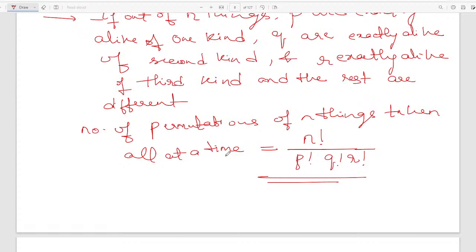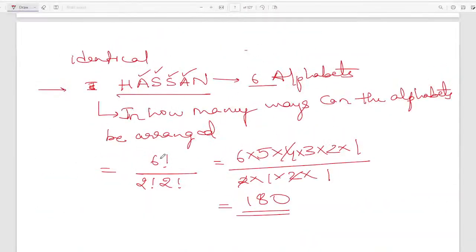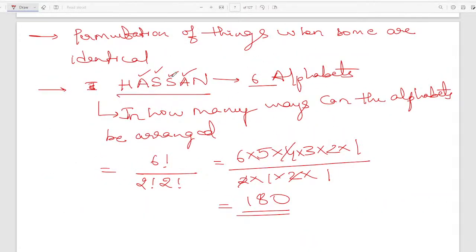So if you have any doubts, please ask. In this case, there were only two of a particular kind that was repeating.